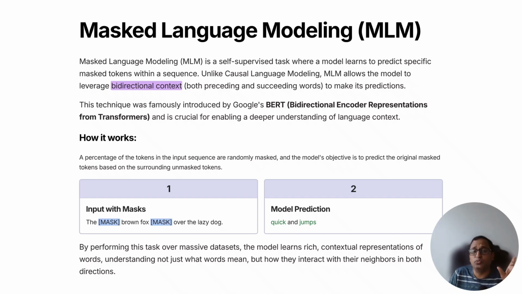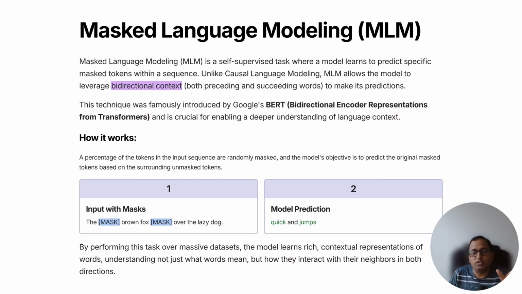Let's walk through a simple example here. We start with a sentence: the quick brown fox jumps over the lazy dog. But instead of feeding the full sentence, we mask a few words, like this: mask, brown fox, mask, over the lazy dog. This is like a fill in the blanks.